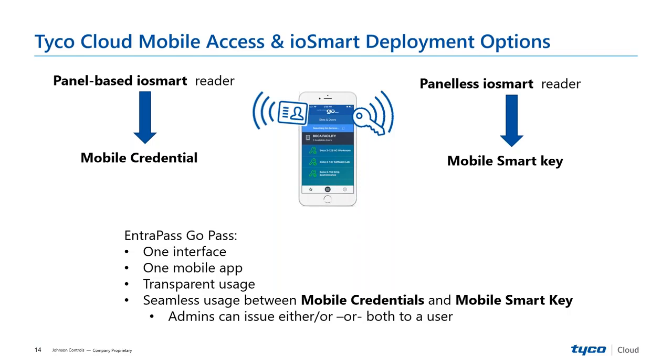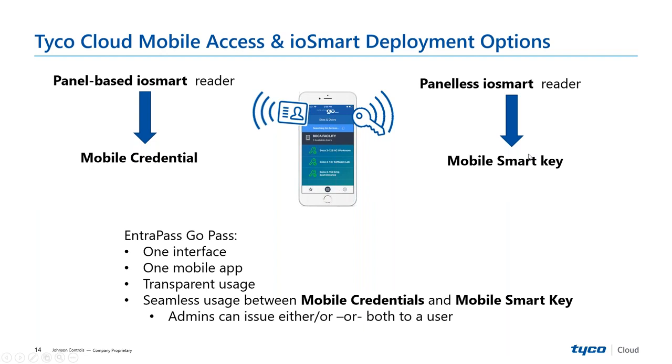So this way they get to Enterprise Go Pass, they have their X doors, and they get to press the doors that they actually want. Okay. So for example, if I press this door, it's going to go to mobile credential. If I press that door, it will be a smart key.